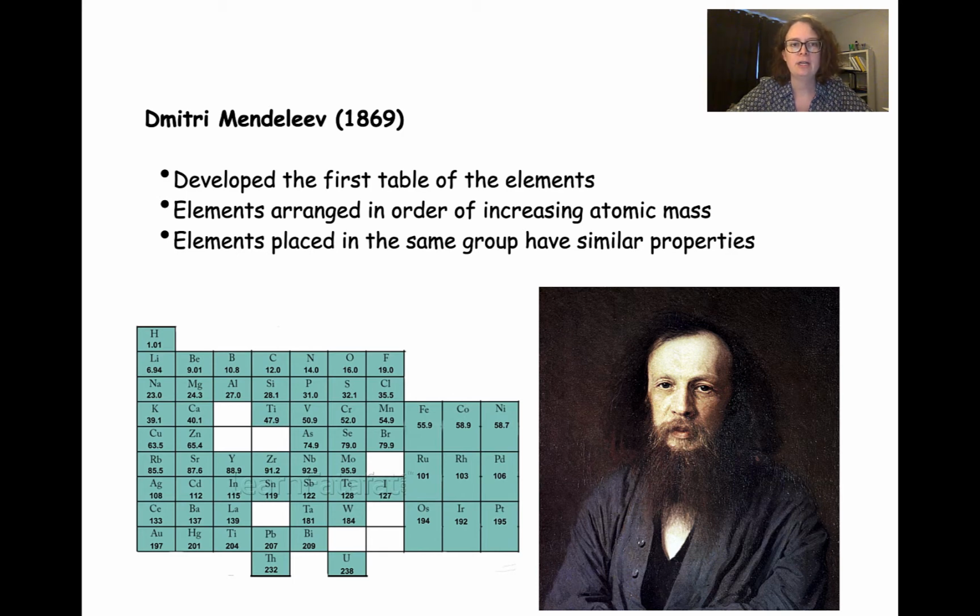He arranged everything in order of increasing atomic mass, and he placed the elements in groups that had similar chemical properties. So here we have this group with lithium, sodium, potassium, copper. All of them had similar reactions when they were placed in water. So he organized them that way. And he's often thought of as sort of the father of the modern periodic table.